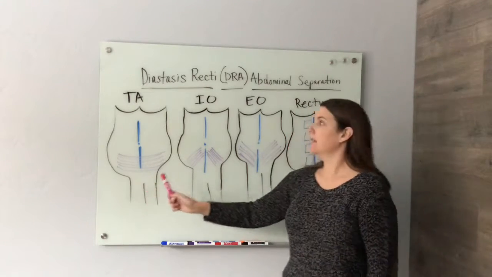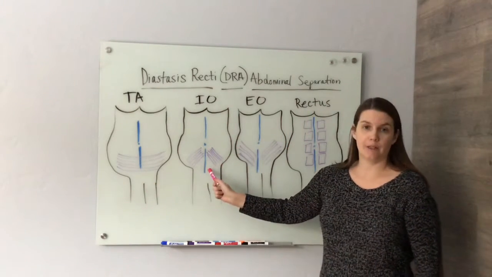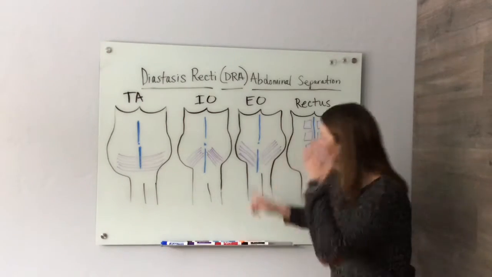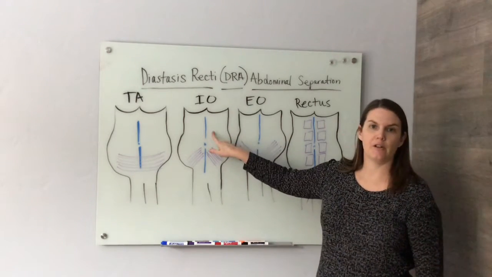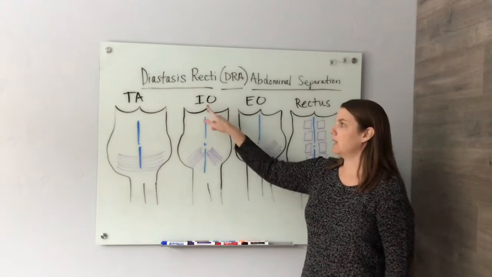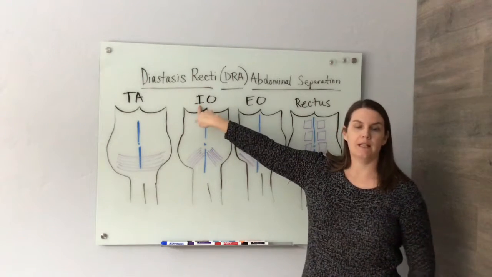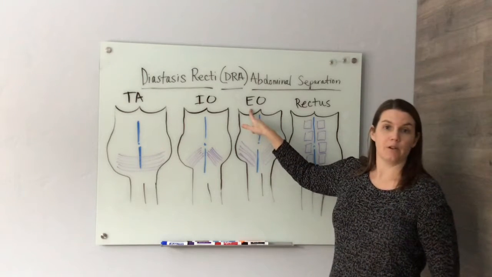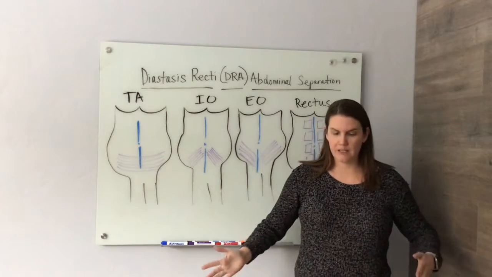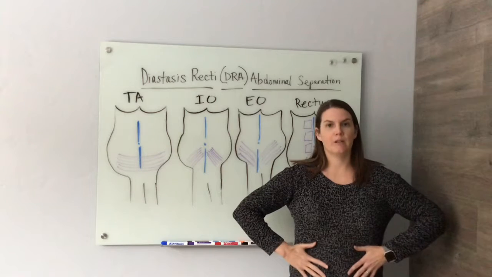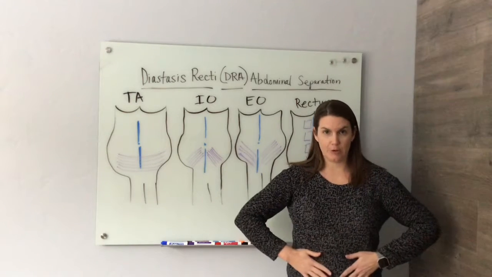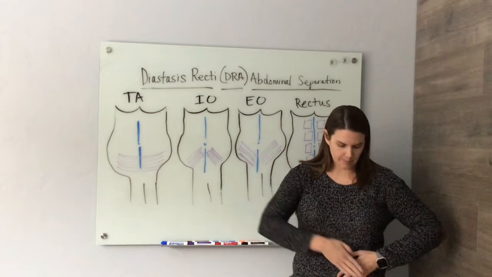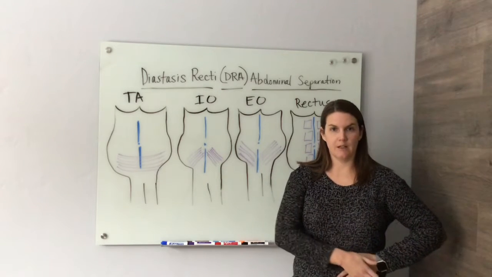On top of that is your internal obliques. The best way to show these, we have external and internal obliques, and we go by their name. Internal oblique is internal or inside of the external oblique. Usually the easiest way to show is the external obliques are as if you're putting your hands in your pockets, and the internal obliques are in the perpendicular direction.